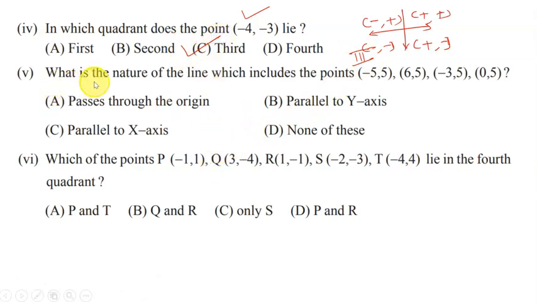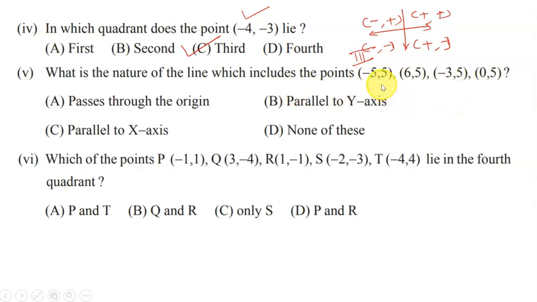Next, what is the nature of the line which includes the points (-5, 5), (6, 5), (-3, 5), (0, 5)? If we observe here, the y coordinates for each point are equal. सर्व पॉइंट्सचा y coordinate सेम आहे.